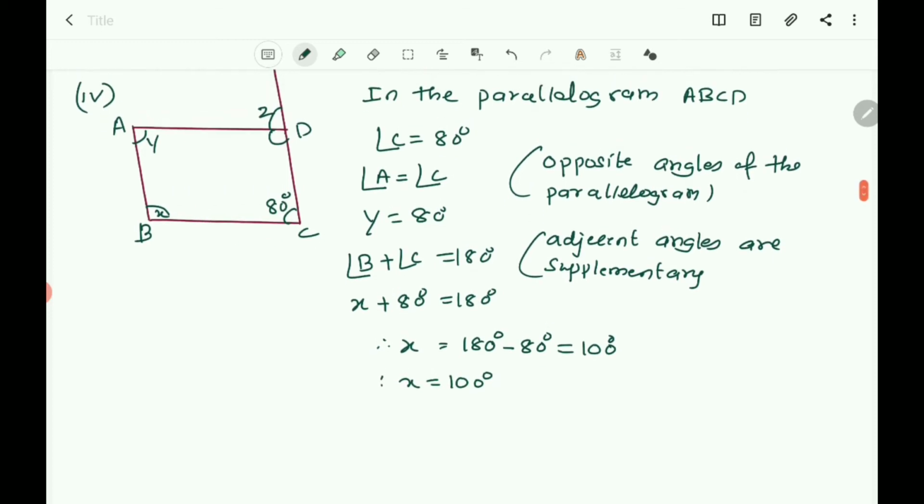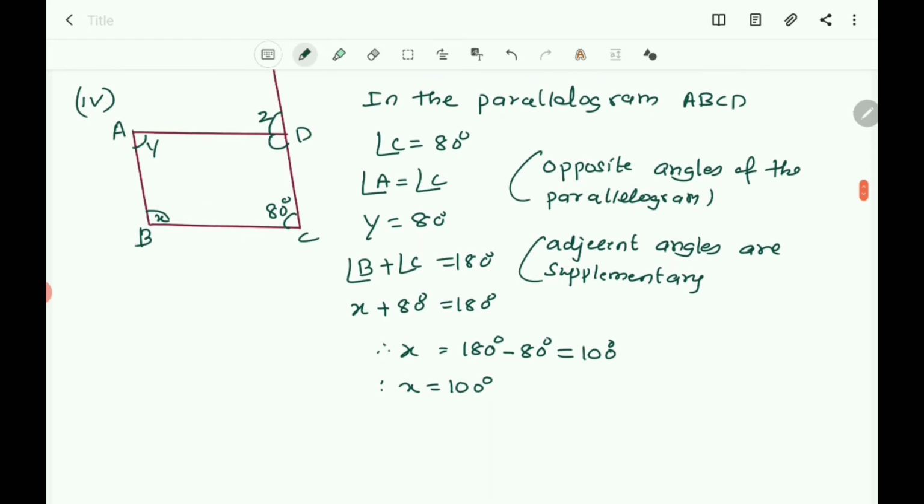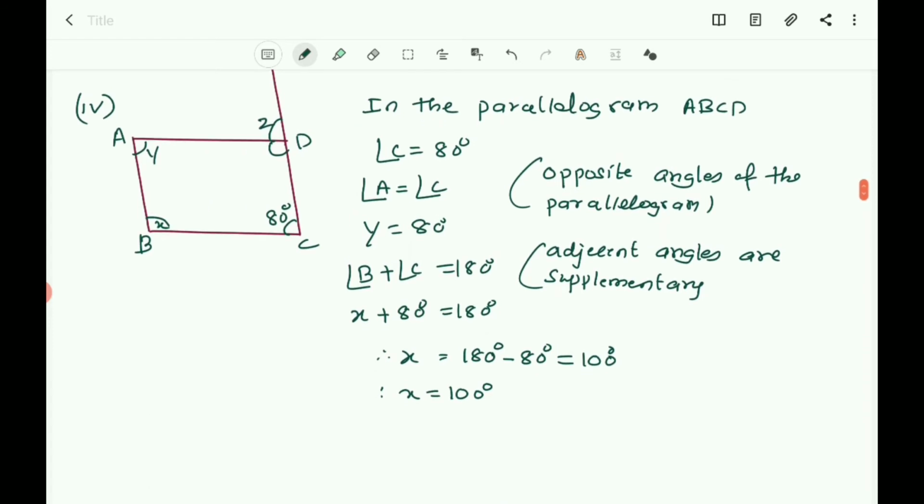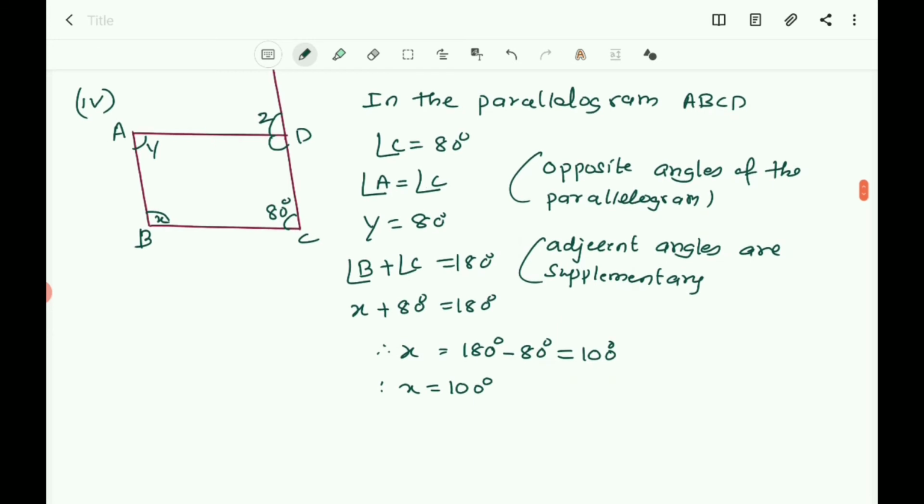Then we have to find the value of z. Here z and the 80 degree angle are supplementary angles. That is, angle C and z are supplementary. They are the corresponding angles. So z must be equal to 80 degrees. So you write z is equal to angle C. Why?